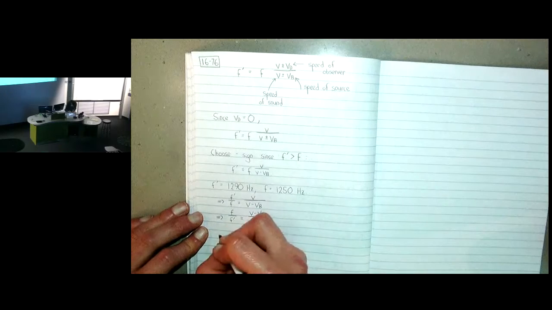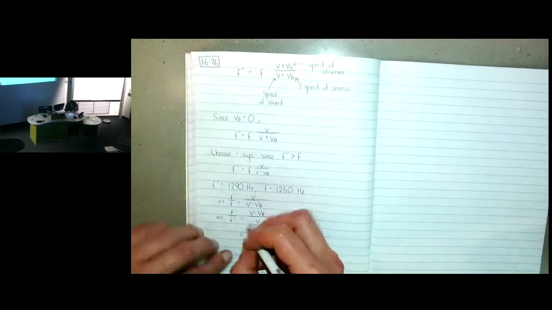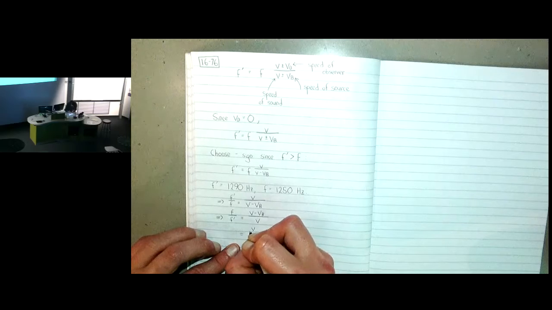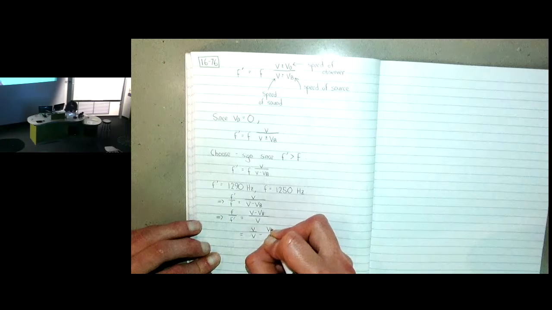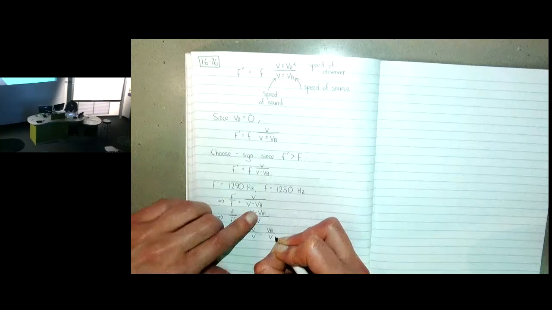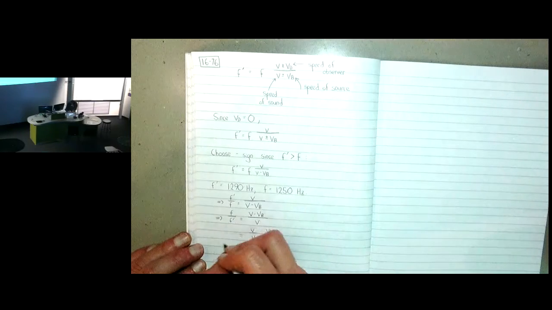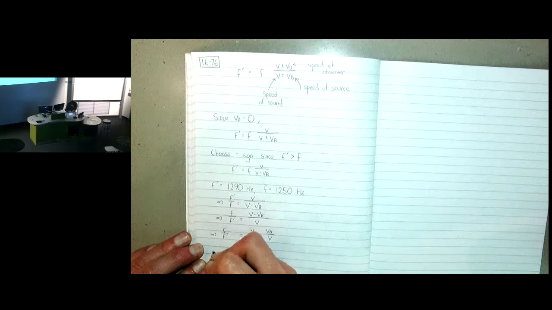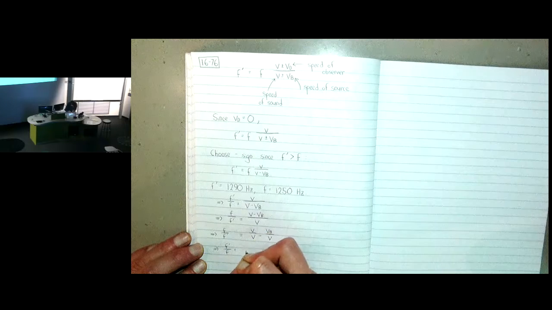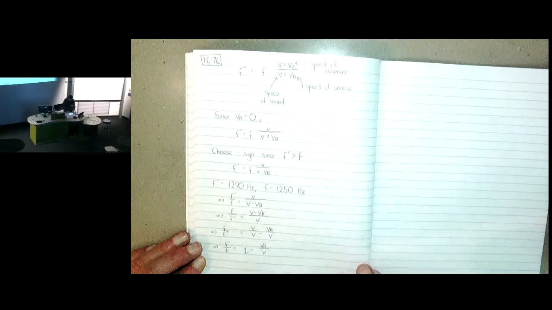And this we can simplify, because let's just break up this fraction and write it into two bits, v divided by v and vb divided by v. And now we see that because v divided by v is just equal to 1, this thing is just 1 minus vb divided by v, and this is the thing that we're after.